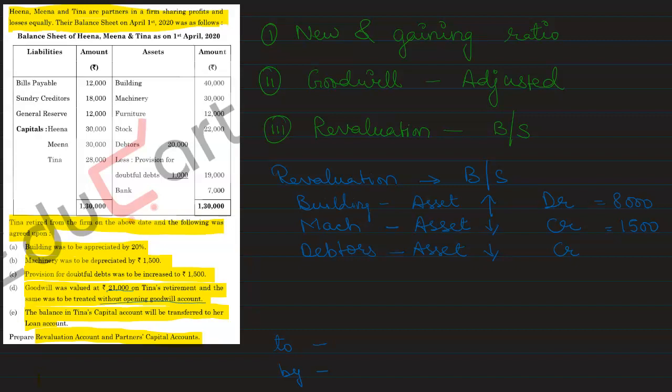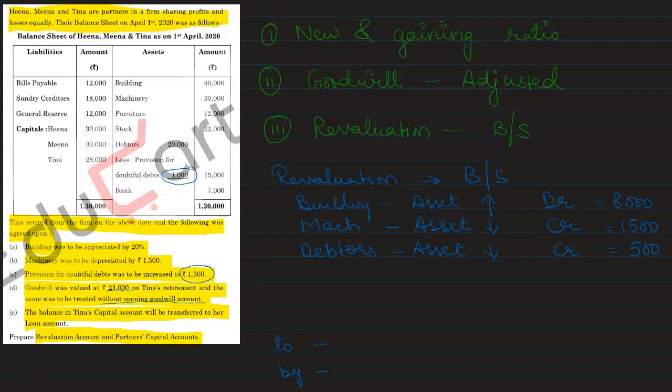So the difference is taken. So here the provision for bad debts was 1,000 and it has been increased to rupees 1,500. That means it is increased by rupees 500. So this 500 will be deducted from the debtors.